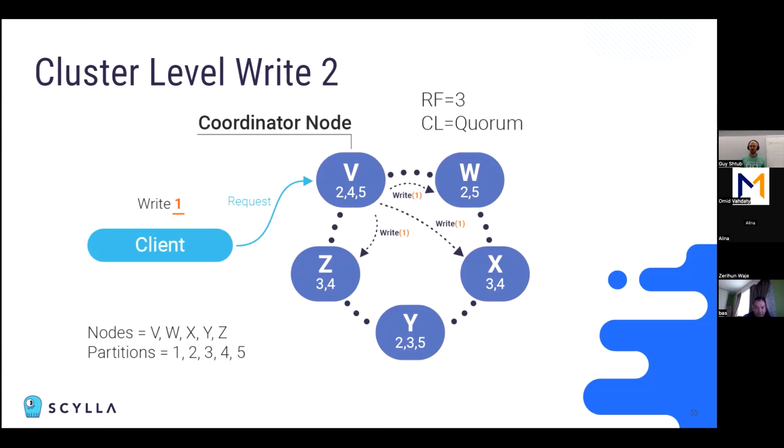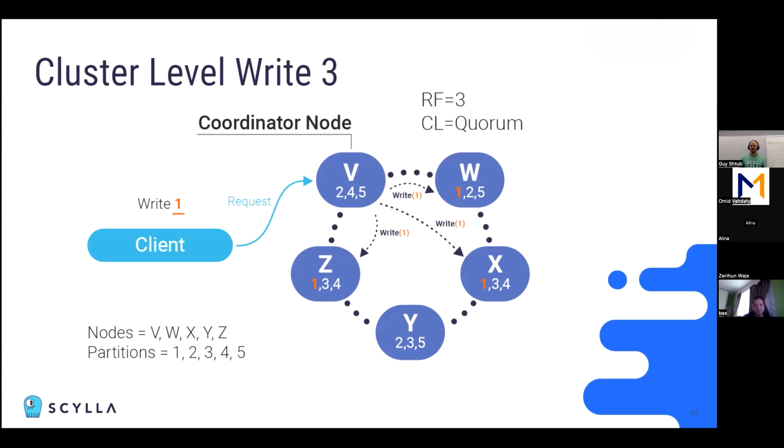It sees which 3 replicas are responsible for that data. In our example, it's nodes W, X, and Z. Node V sends the request to those 3 nodes, telling them, please write data 1.